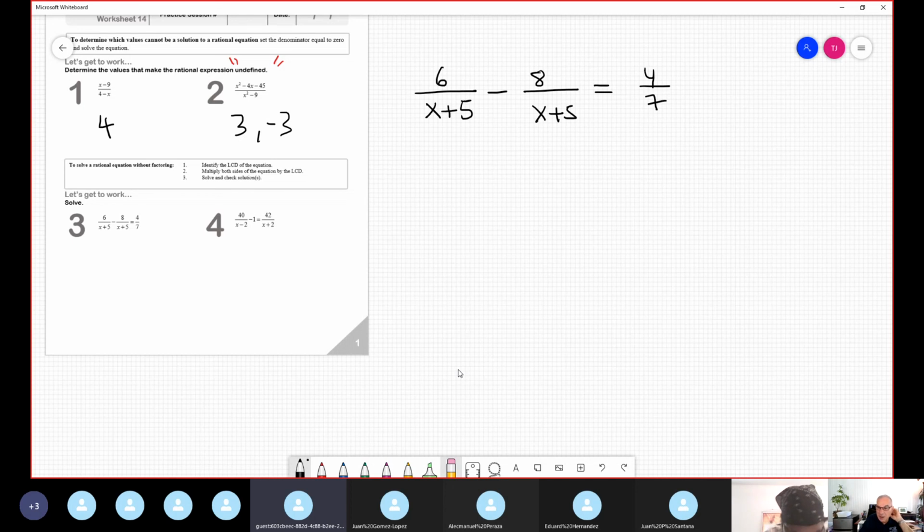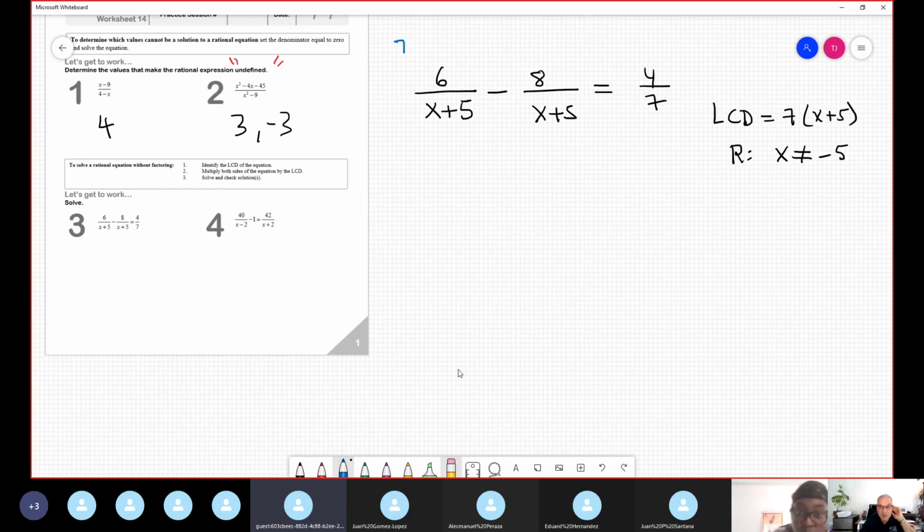Okay, the LCD is obviously 7 times x plus 5. According to this LCD, the restriction associated with the equation is -5. Illegal. -5 is illegal. Okay, and you multiply the whole thing by the LCD. Let's do it.